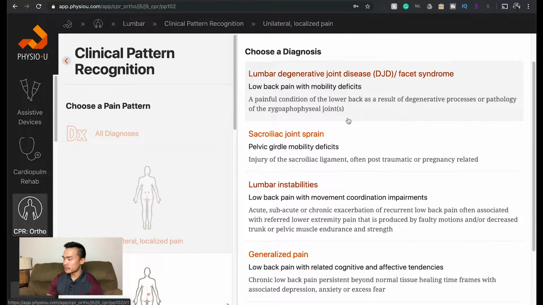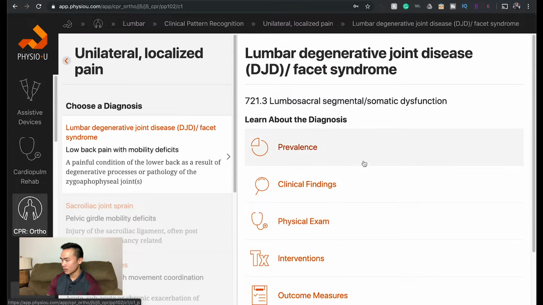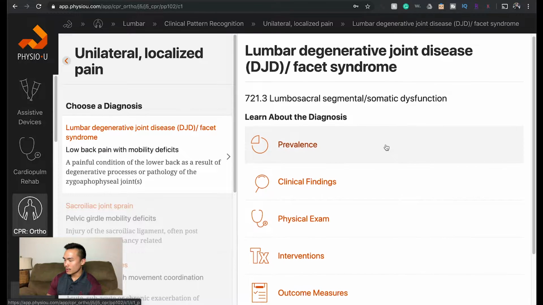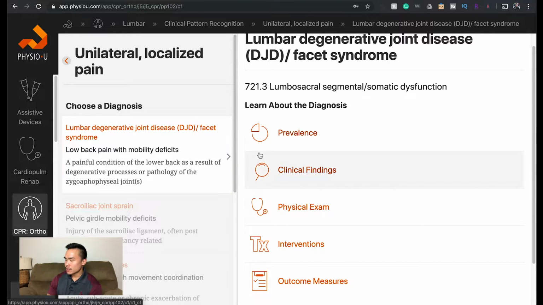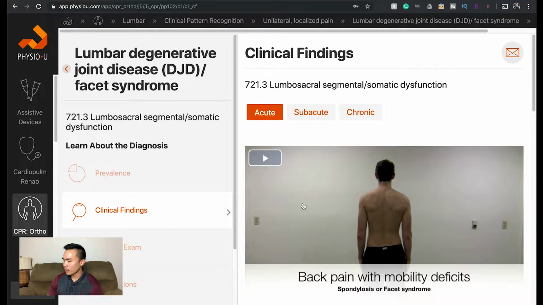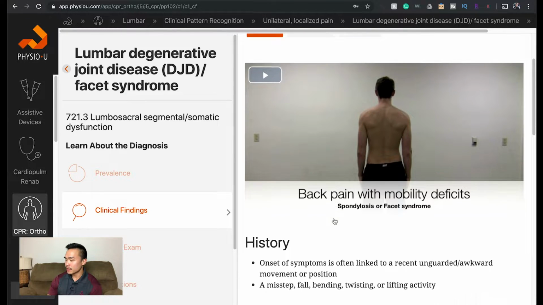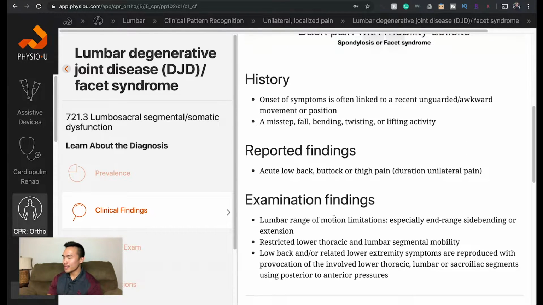I'm going to go into facet syndrome first, which is a mobility deficit category. See mobility deficit right here. Then I'm going to go into clinical findings. This is really important. There's a video here that tells you a little more about how they present. If you scroll down, in the history it says onset of symptoms is often linked to a recent unguarded awkward movement or position, misstep, fall, bending, twisting, or lifting activity.